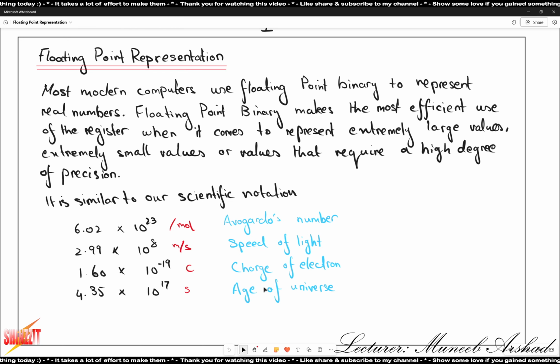So when we talk about real numbers, either the numbers are extremely large or extremely small, or they require a higher degree of precision. Precision क्या होती है वो उसके ऊपर अभी बात करते हैं. रेंज क्या होती है उसके भी बात करते हैं, लेकिन आप एग्जाम्पल के तौर पे अपने कैलकुलेटर को इमेजिन कर सकते हो.